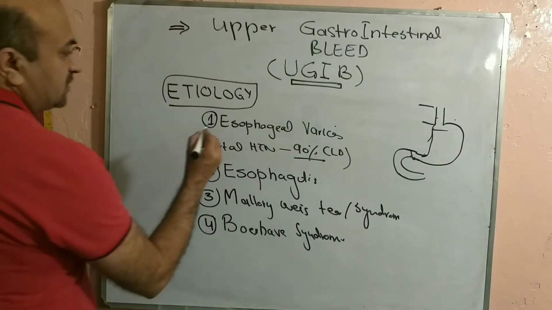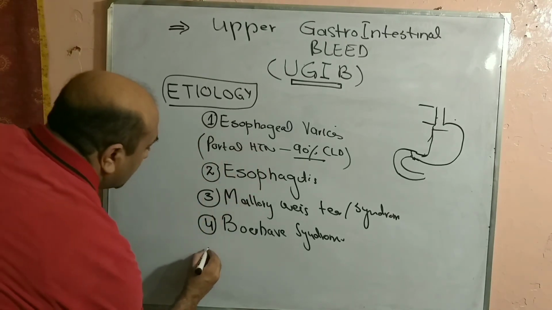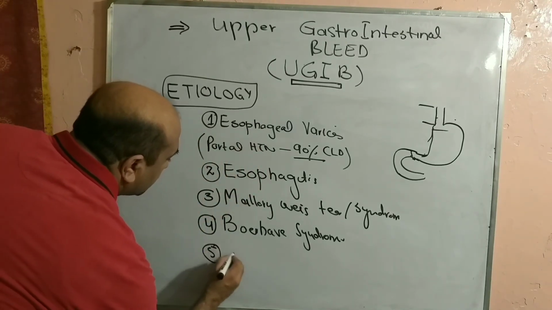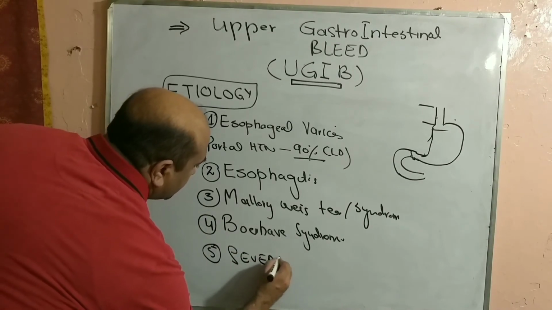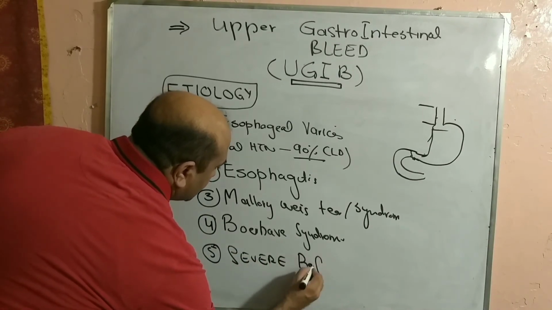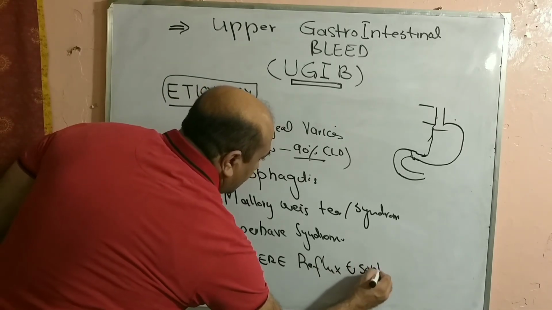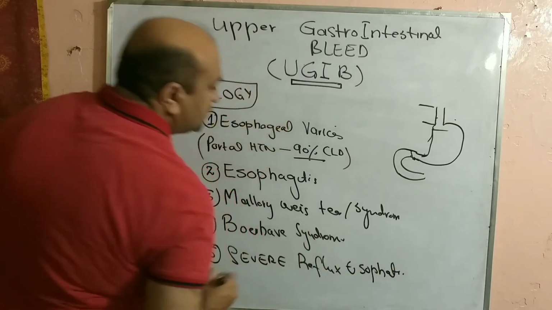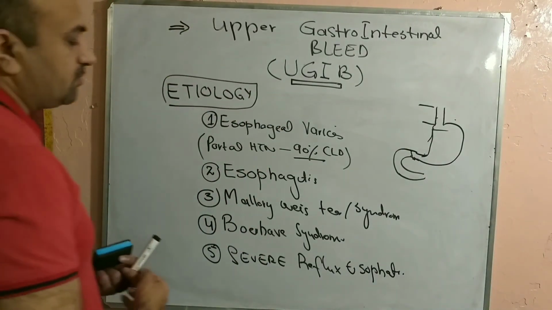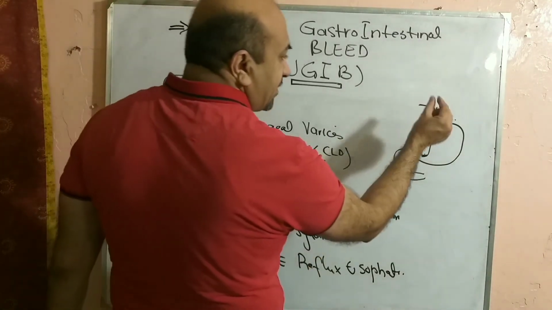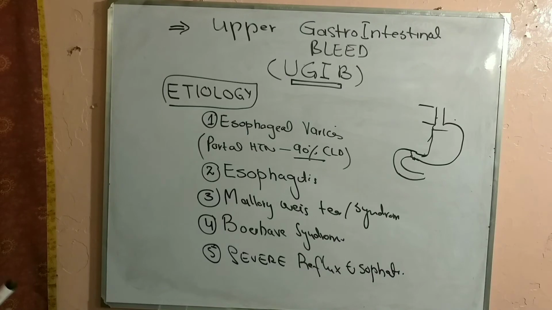Then the last reason of the esophageal source of the upper GIT bleed can be a severe reflux esophagitis. Severe reflux esophagitis can cause some changes in the part of the esophagus, and this can become a source of arterial rupture or arterial inflammation to the extent that it can bleed.